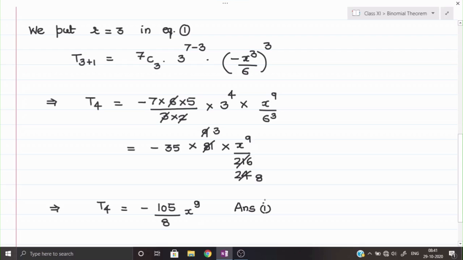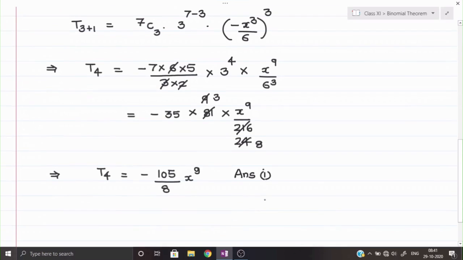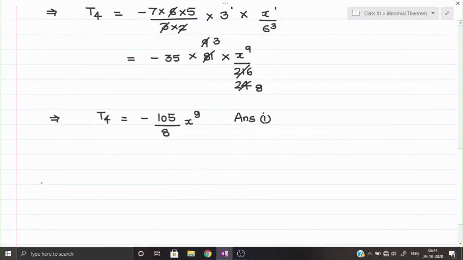Okay. Now we shall put the value of r equal to 4 in equation 1. So in that case, T_{4+1} will be equal to, now see, what is the first term?